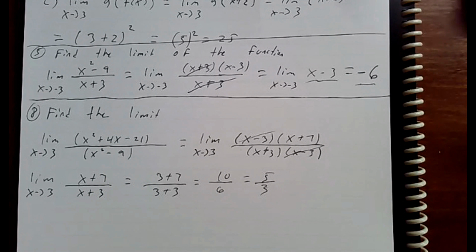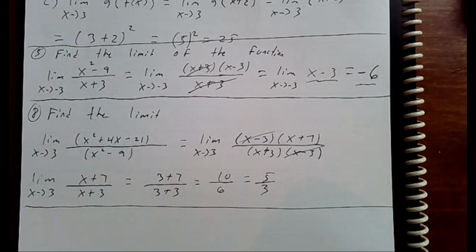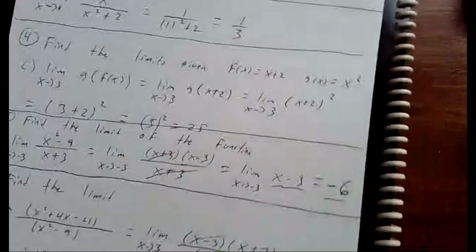So one technique to do an analytical approach is to factor. Another technique is to multiply by a conjugate. So that's the first technique. 5 and 8, we used factoring.